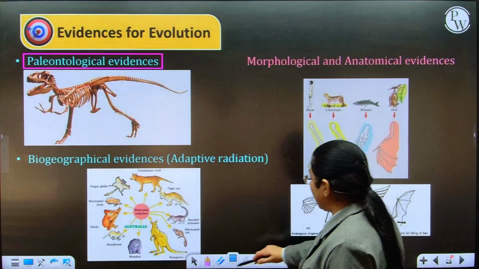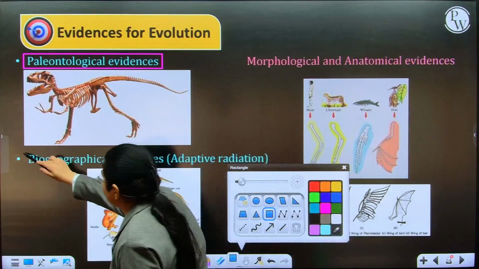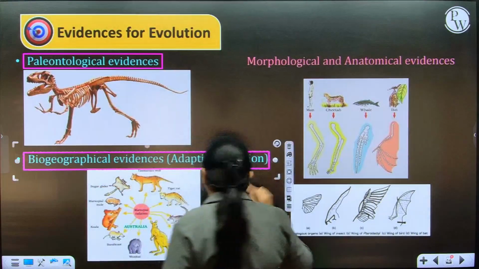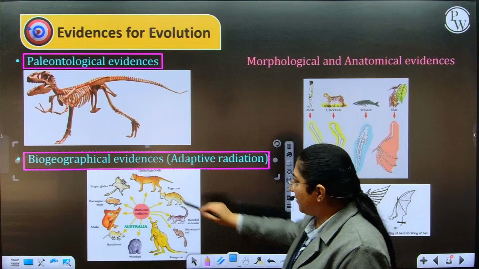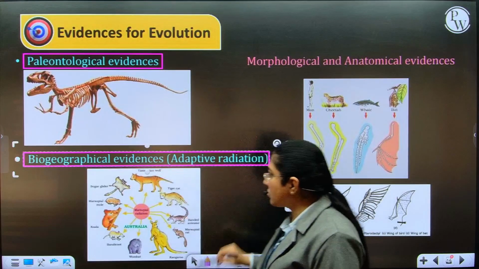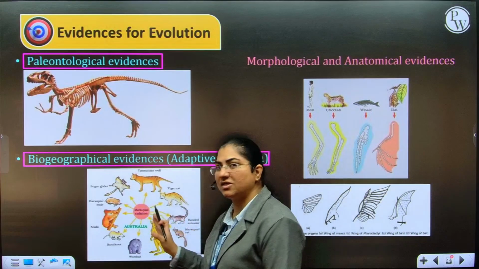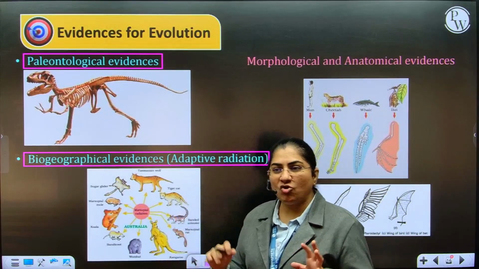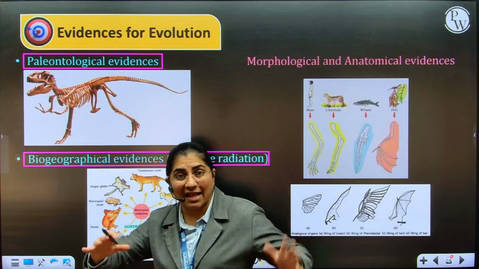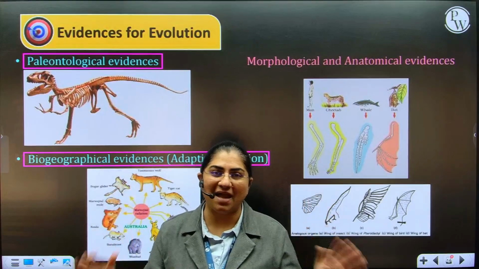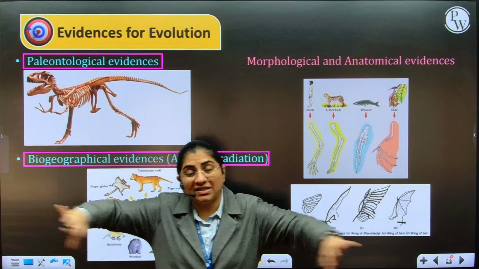Then we have another understanding, which is the biogeographical evidence of adaptive radiation. One of the most common examples given in the NCERT is of the marsupials of Australia. Now we know that the entire land mass was a single mass called Pangea. Then there was continental drift.